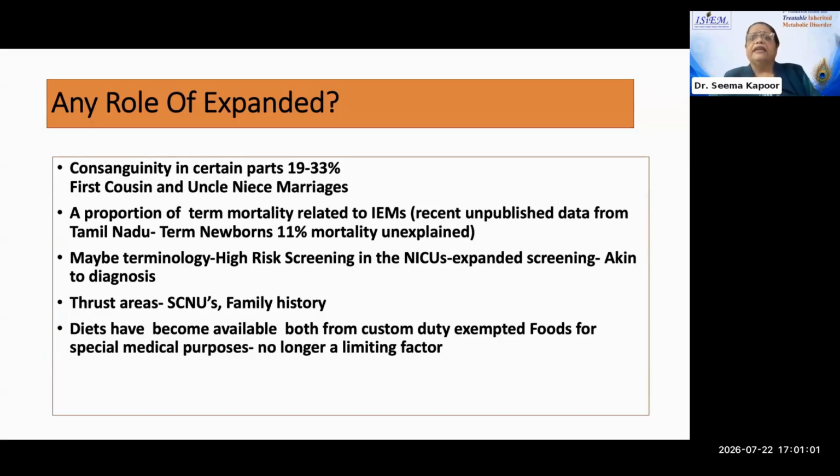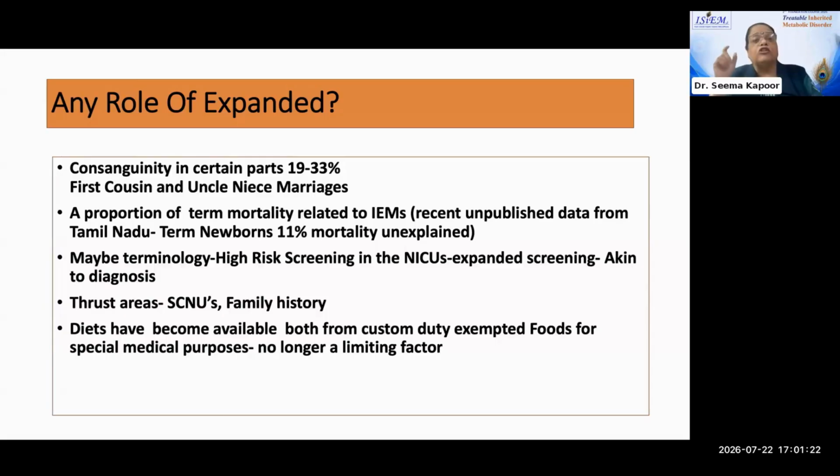But currently, we should start screening all these places where these sick newborn infants get admitted, which is sick care newborn units and NICUs, more so now that we have diets available with custom duty exemption. These are not against breast milk.